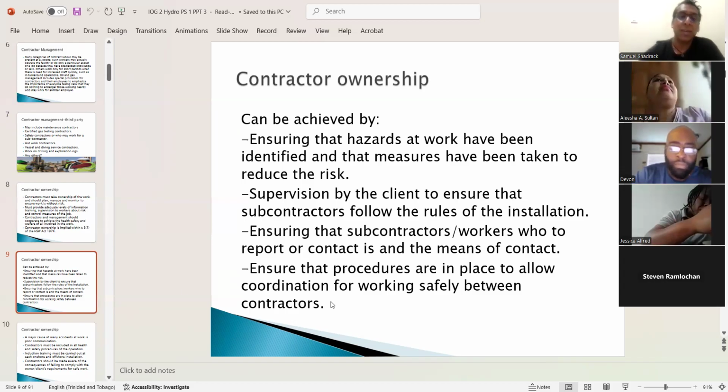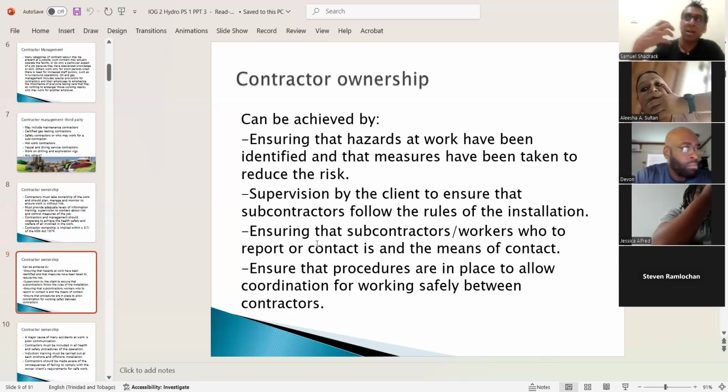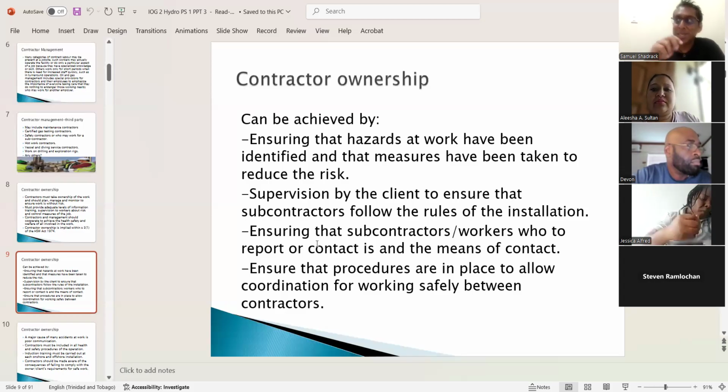So we have here supervision by the client, right? If you hire a main contractor, you ensure that the main contractor has a good subcontractor. So, for those of us who know, we have started our building in the Philippines.